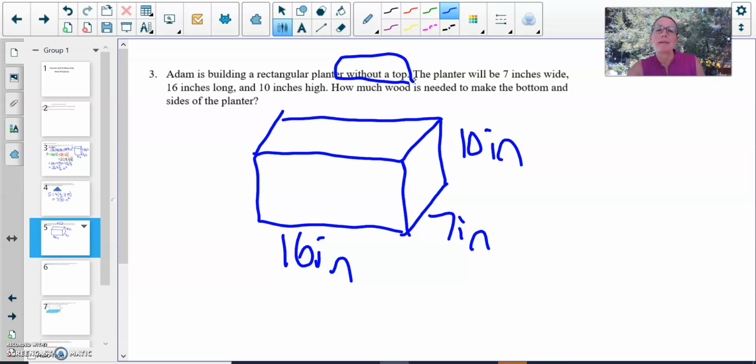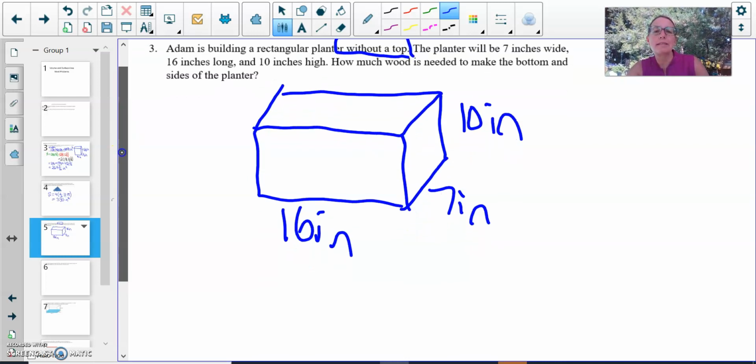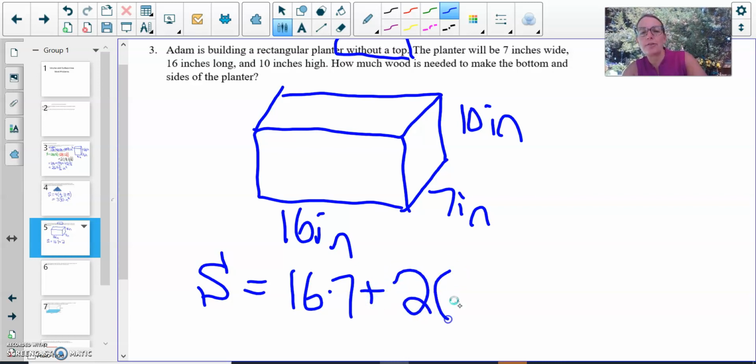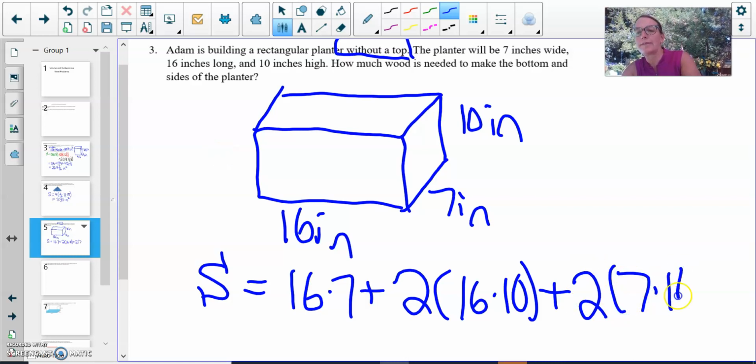Okay, so how much wood is needed? That's asking about surface area, but again, remember there's no top this time. So we have only one base that is 16 by 7, plus the front and back faces, two faces that are each 16 by 10, plus the left and right sides, two faces that each have an area of 7 by 10.